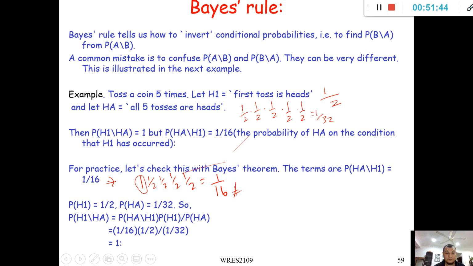Let's go to P(HA given H1). So you have P(H1 given HA) times P(HA) over P(H1).